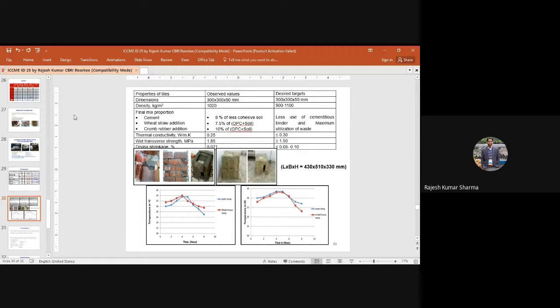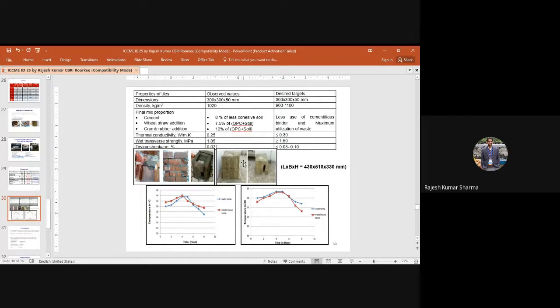For live demo testing, we have developed a model house, and we have found that for the conventional brick house, that is on the left side, the temperature in the night was more than that of outside, while for the mud Fusca composite house, where the wall was made of mud composite blocks and the roof was made of mud composite tiles, we have found that in the night the inside temperature was less than that of outside temperature.